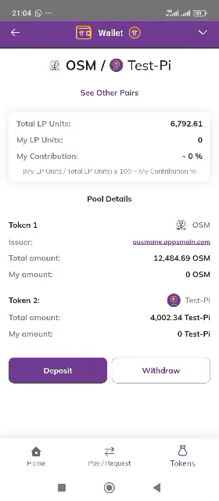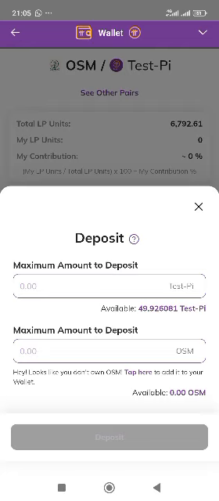As I've said, before you can provide liquidity, it must be pairs, that is two coins. That is why we are seeing the two here. If I want to provide liquidity for these two coins, I must have each of them. So if I come to deposit now, you can see for Pi I have Pi, for this one I don't have it. It means I cannot provide liquidity. Before I can provide liquidity, I need to go and buy this coin first.